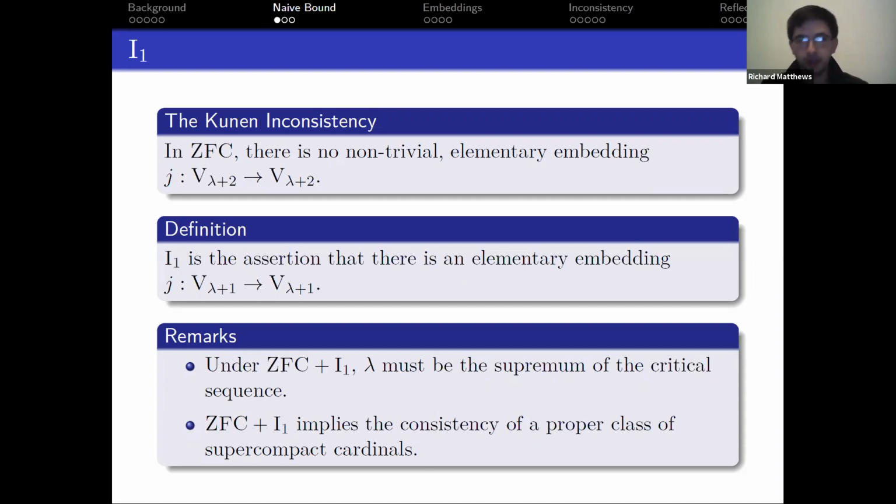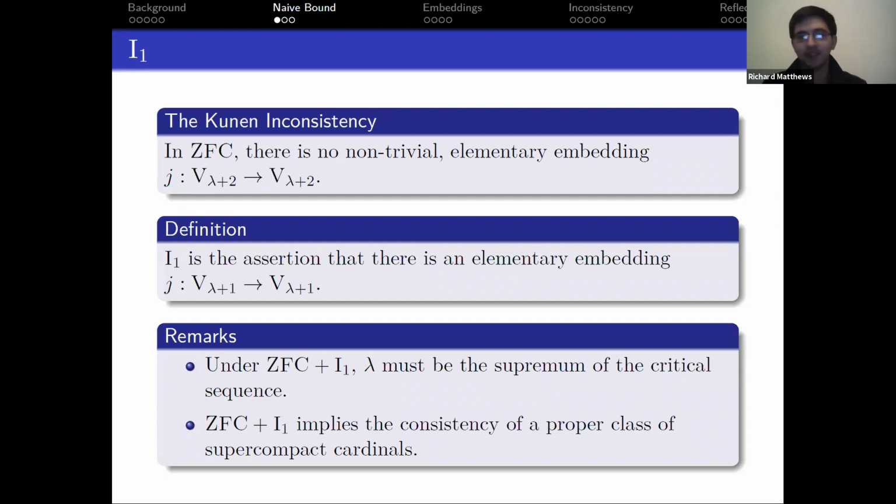The second point is that ZFC plus I1 is a very strong large cardinal axiom. You can prove that for each n, j_n(κ) is a less-than-λ supercompact limit of less-than-λ supercompact cardinals. And V_λ is a model of ZFC.